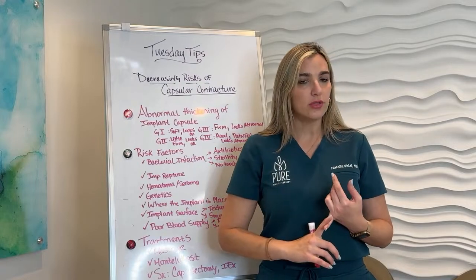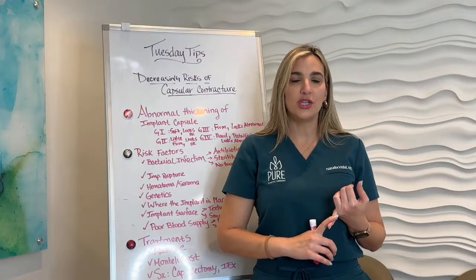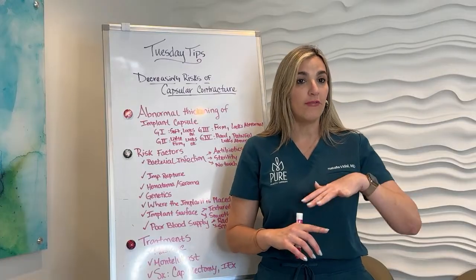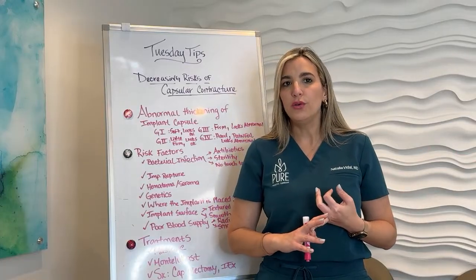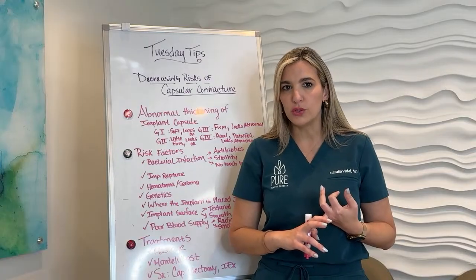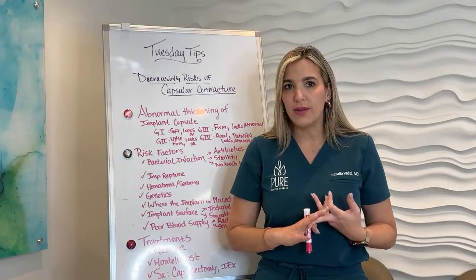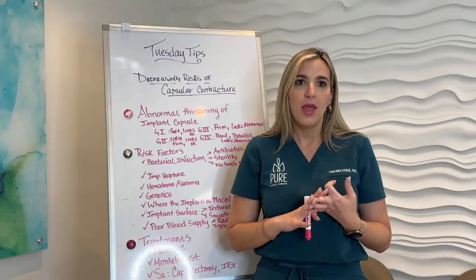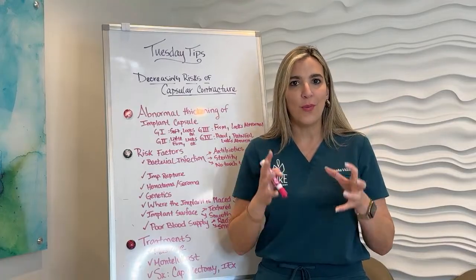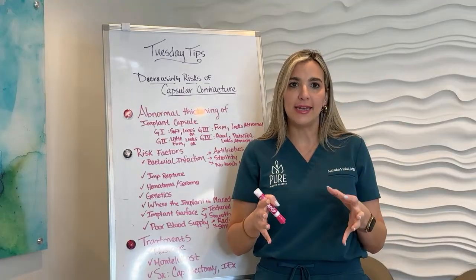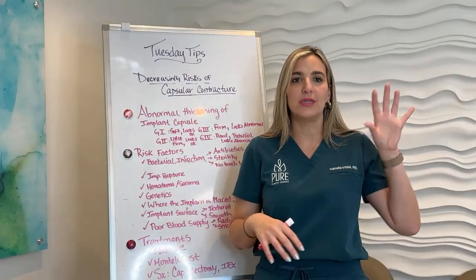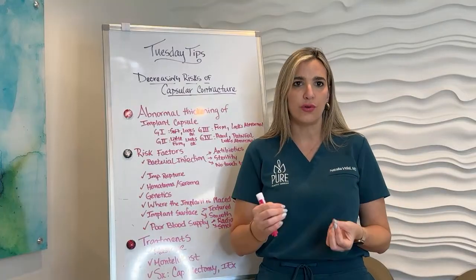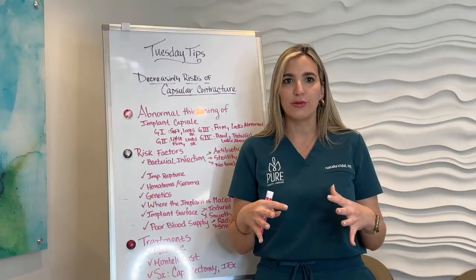Of course, we're JCAHO certified, so our sterilization techniques and protocols are up to par with hospitals. We use UV light before you go into the room. No one that is not in the case. So the minimal amount of people in the operating room, just the hands and bodies that are needed: anesthesia, me, my surgical assistant, and my circulator. That's it in the operating room. So all of that contributes to minimizing that bacterial contamination.